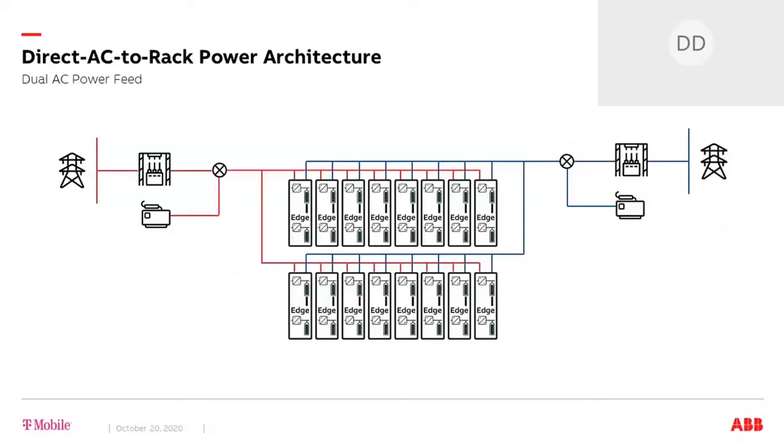ABB's clever design places the rectifier and batteries in the space between the server rails and the side of the cabinet. If you look closely, you can see these are two fully independent power systems, which meet only at the server's power rails. This is the ultimate in power redundancy.